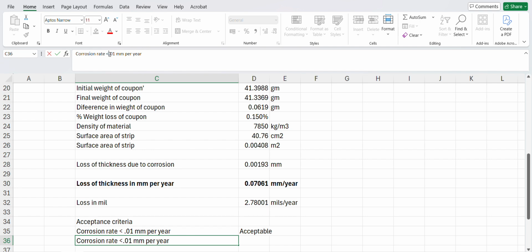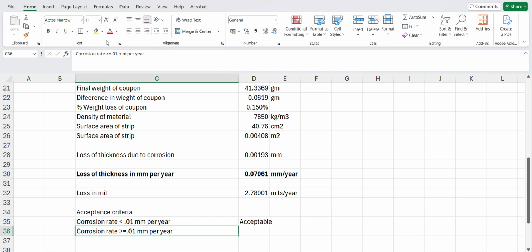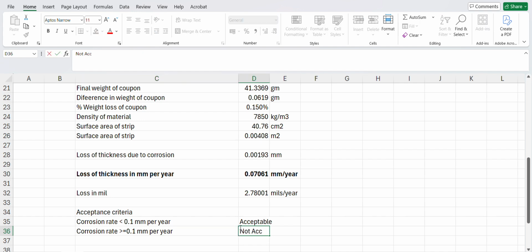When the rate of corrosion is greater than or equal to 0.1 per year, that is not acceptable.